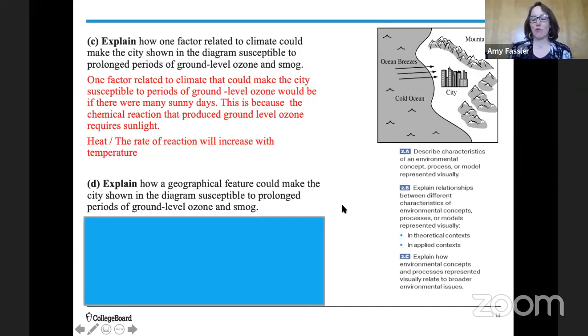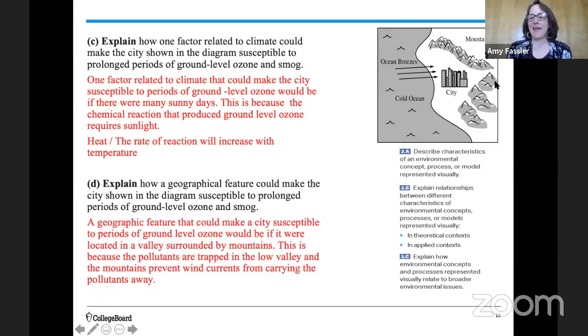Explain how a geographic feature could make the city in the diagram more susceptible to prolonged smog. And that's the mountains that we looked at. So the geographic feature would be the location that it sits in a valley surrounded by mountains. This is because those pollutants are trapped in the valley. Wind currents that come through are blocked by those mountains.